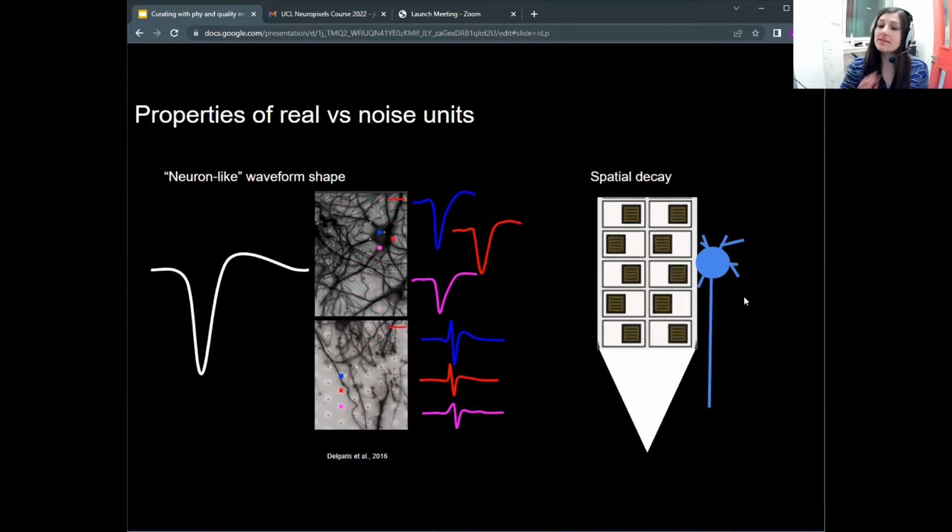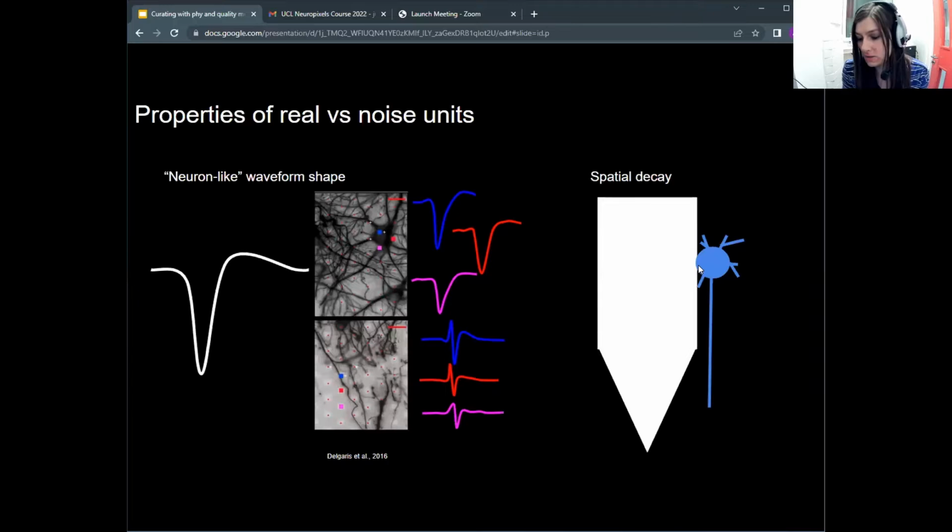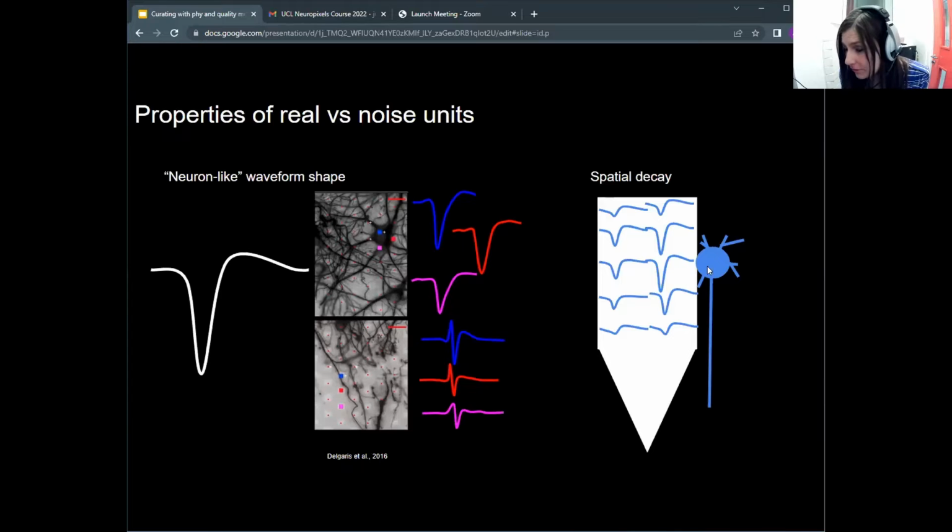And finally, because sites in Neuropixels probes are so close to each other, you are going to record each neuron on several sites simultaneously. What's going to happen is that the spikes of that neuron are going to be larger on sites that are closer to that particular neuron.